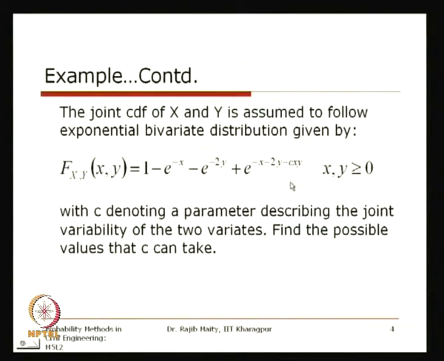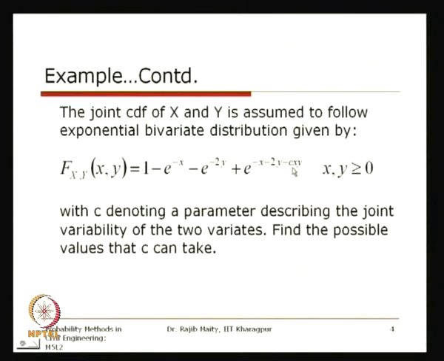Now a lot of questions can be raised, such as how we know that this is the joint distribution and how we can say that those are the marginal distributions. Those discussions will come up in a minute, while we are discussing the marginal distribution. The focus of this problem is that x and y separately follow exponential distributions, and the joint distribution is assumed to be like this.